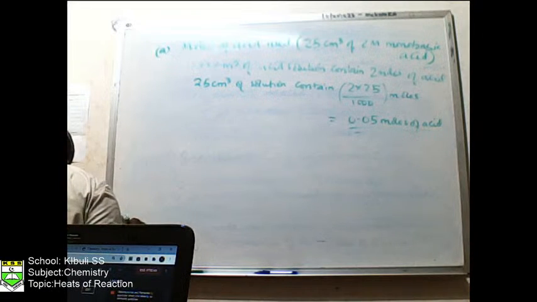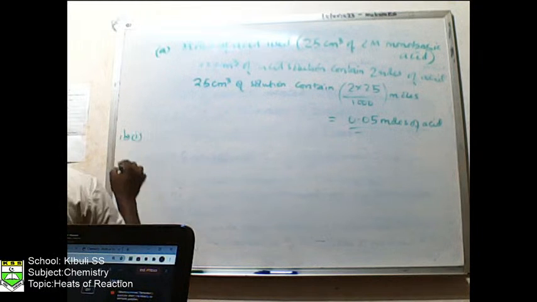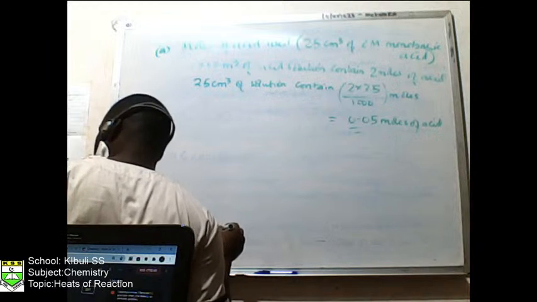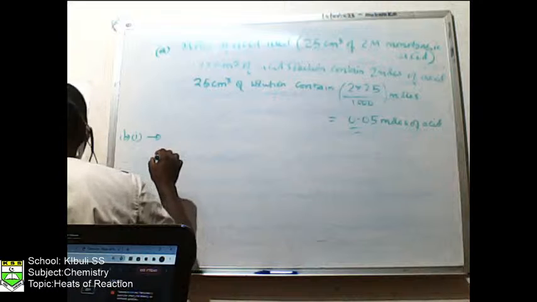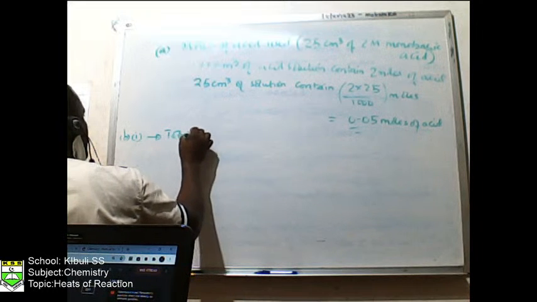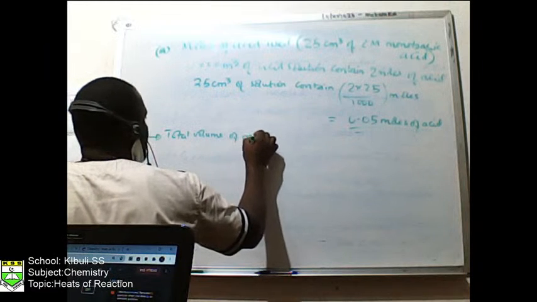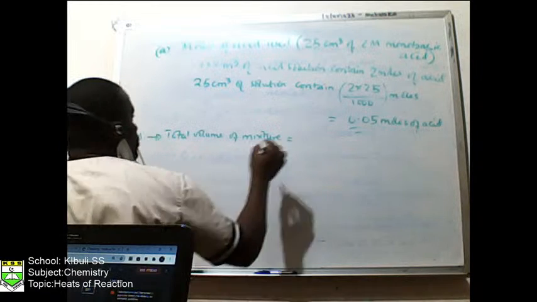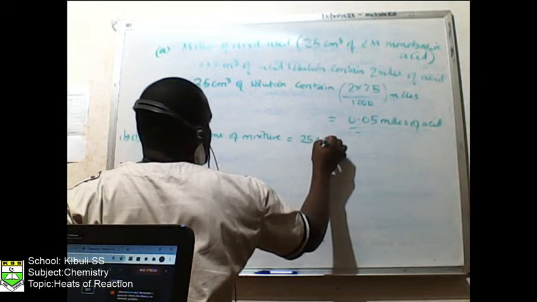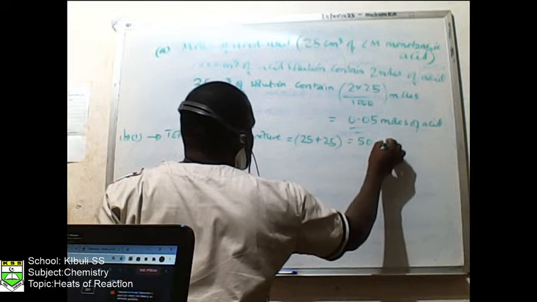In part B, they're asking for the heat absorbed by the solution. Part B, Roman 1, heat absorbed by the solution. So we need to have this information and use it. Total volume of mixture equals 25 plus 25, and this gives us 50 cubic centimeters.